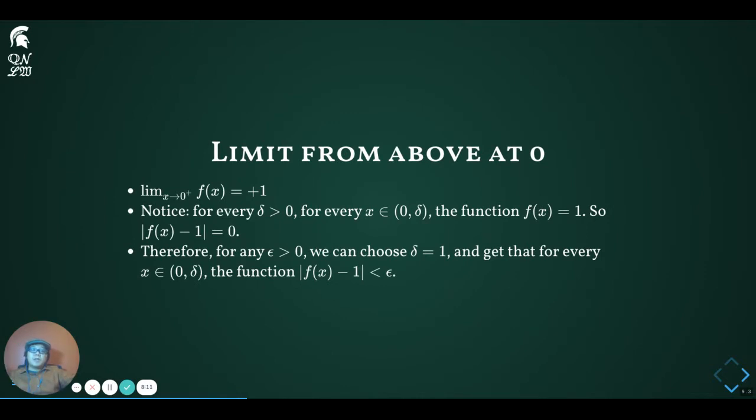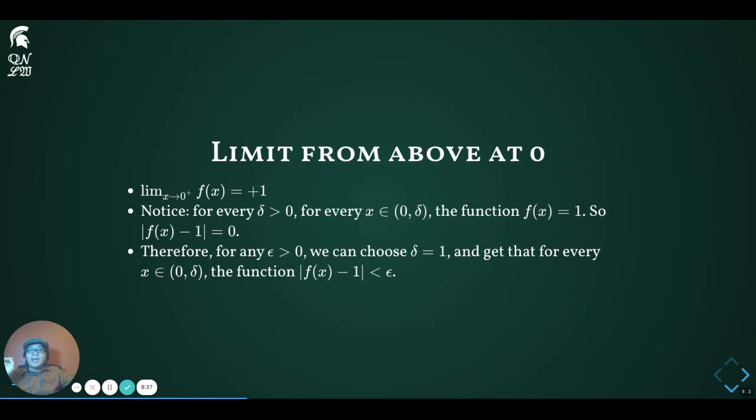For computing the limit from above at 0, I claim the limit is plus 1. The argument is almost the same as the previous case, but let us go through the motions for completeness. For every positive delta, the function is identically 1 on the open interval from 0 to delta. Notice that the fact that we're only using open intervals, which is the same as saying that we're ignoring what happens at 0, is important.